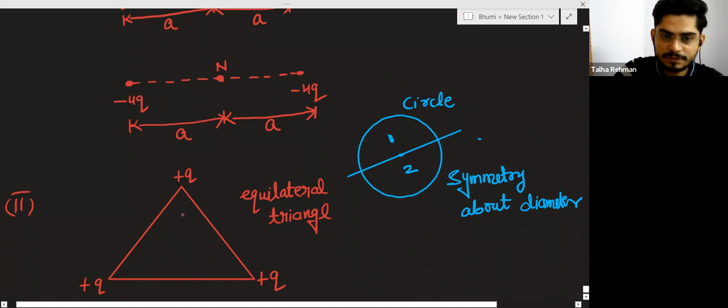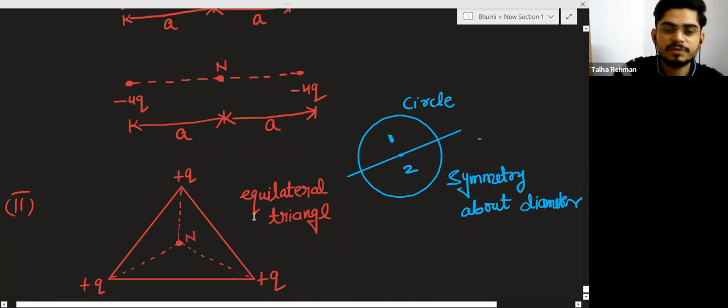Take a knife and cut from here, you will get the same. Take a knife and cut from here, you will get the same. So at the center, the electric field will be 0 due to these three charges. At the center there will be a neutral point.